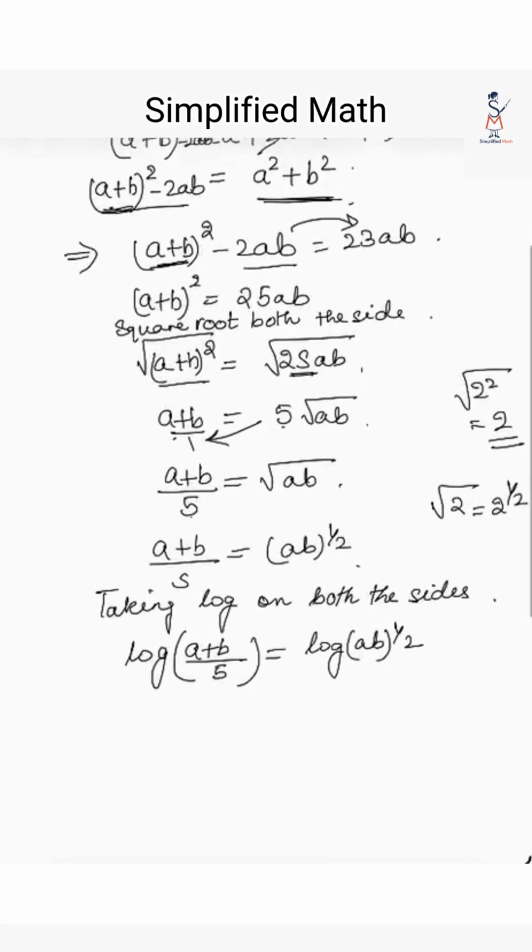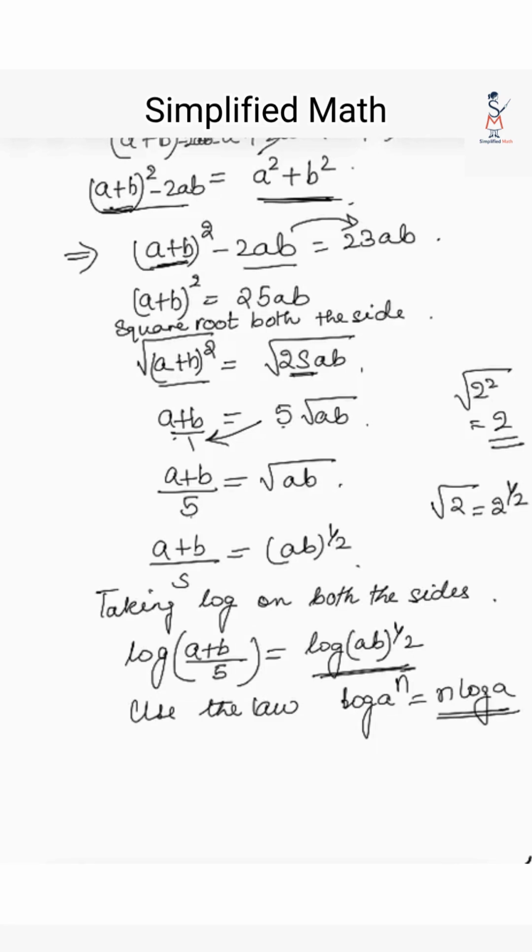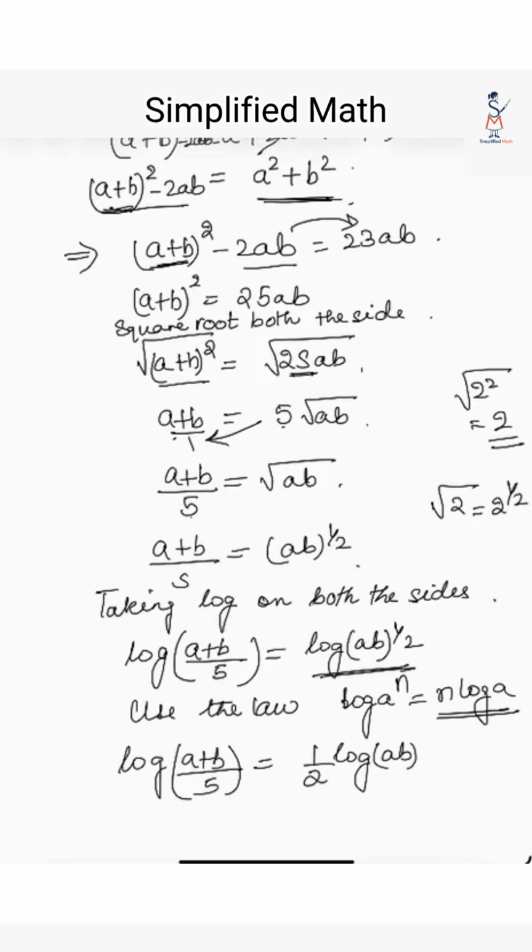Now we will use the law. Which law will we use? Log a raised to the power n is n log a. So we change this to this form. Log of a plus b by 5 is equal to half log ab, right?